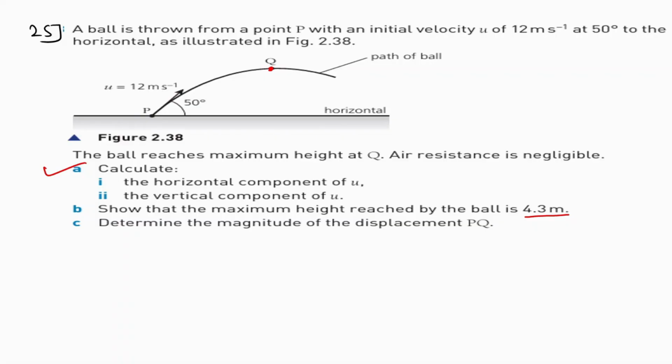In this question, acceleration is constant, meaning g is acting, so you can easily use the equations of motion. Try to recall the three equations of motion, put in the values, and match your solution with my solution.